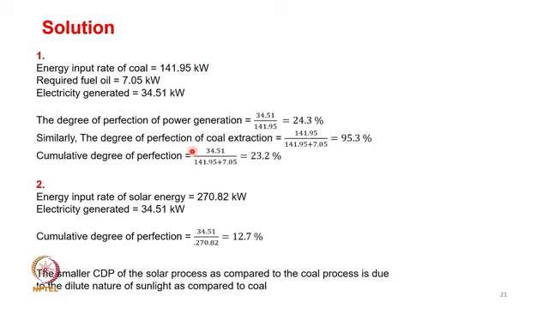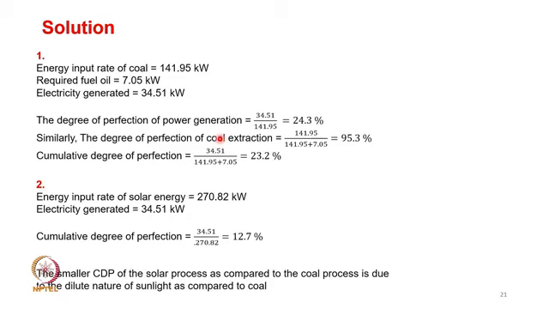The degree of perfection of the extraction becomes 141.95 divided by 141.95 plus 7.05. And the cumulative degree of perfection is of course 34.51 divided by 141.95 plus 7.05. So this is for the non-renewable cycle.